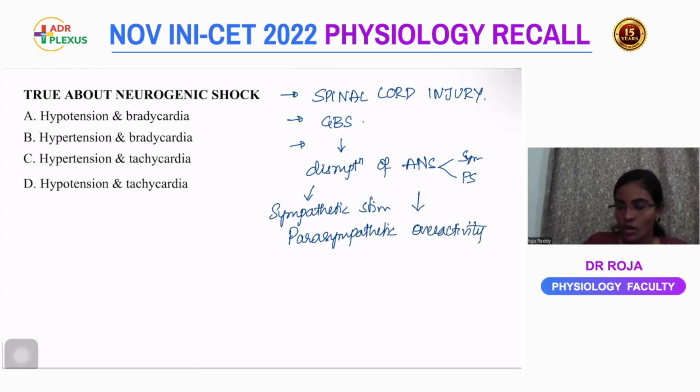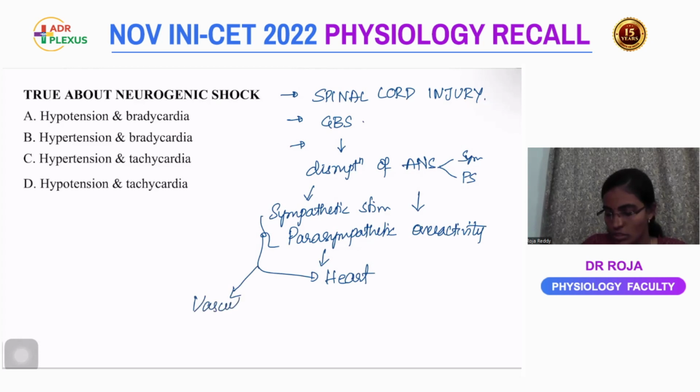Now, as a result of these two effects, what will be seen at the level of the heart? We know that the heart has a great amount of autonomic innervation, both sympathetic and parasympathetic. At the level of the heart and at the level of the vasculature, both are of importance.